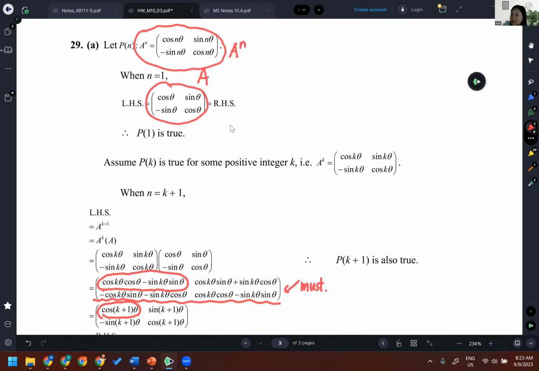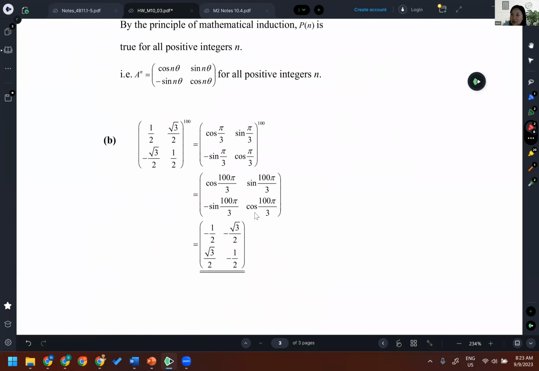We'll come back to this in the future. And a direct use of this is that you realize these values, 1/2, √3/2, are the trigonometric ratios of 60 degrees, in this case, 60 degrees.